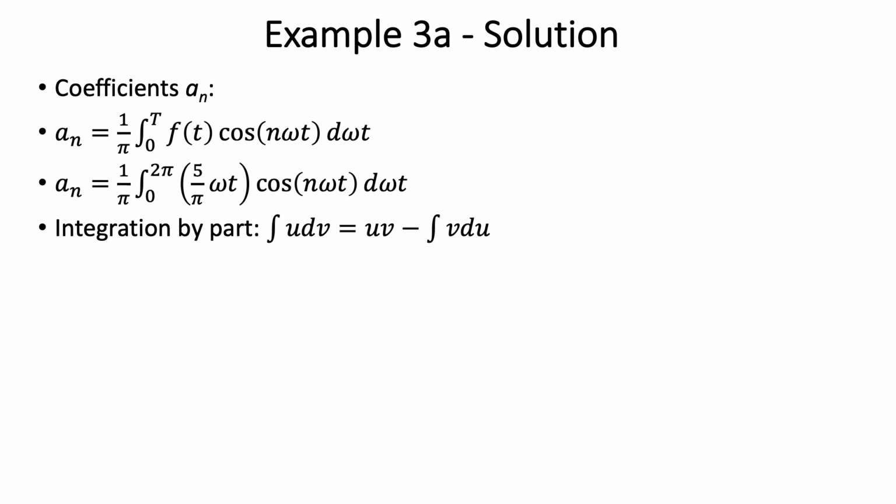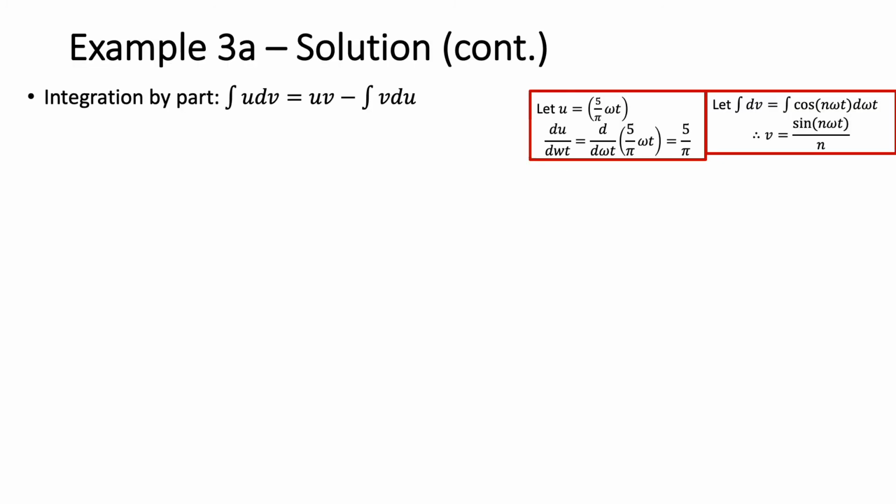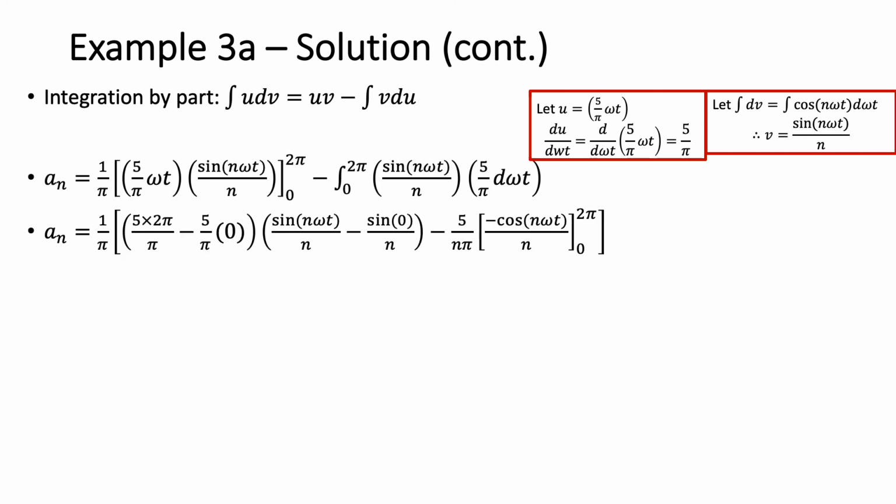Finding the coefficient a_n using the equation, we have a_n equal 1 over pi integral 0 to 2 pi 5 over pi omega t cos n omega t d omega t. Next, we proceed with integration by parts.